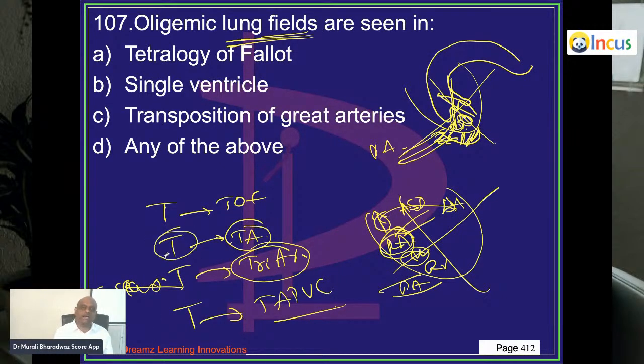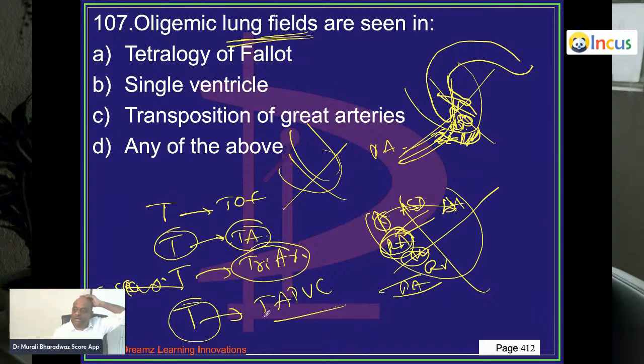Then you have Truncus Arteriosus. That means what? The aorta and pulmonary artery are normally separated by formation of a septum. But here both of them are not separated, so you get a Truncus Arteriosus. There the complete mixing is occurring.